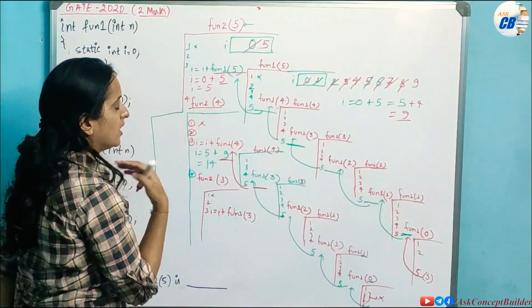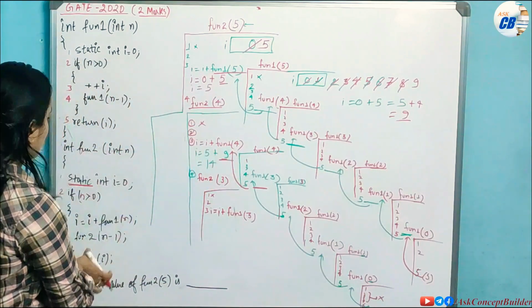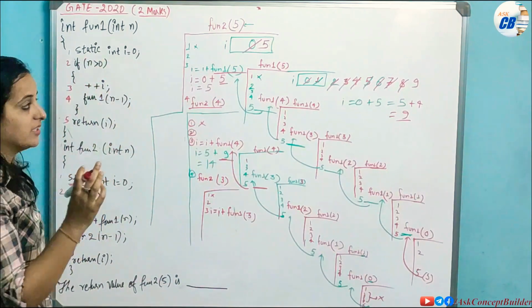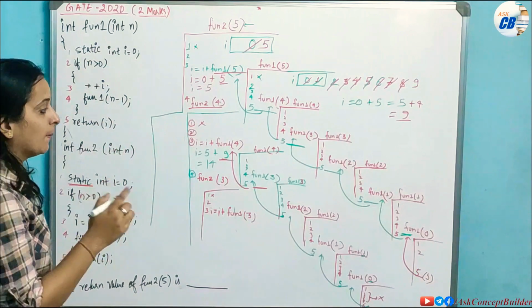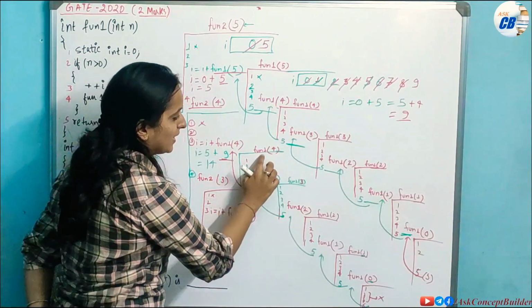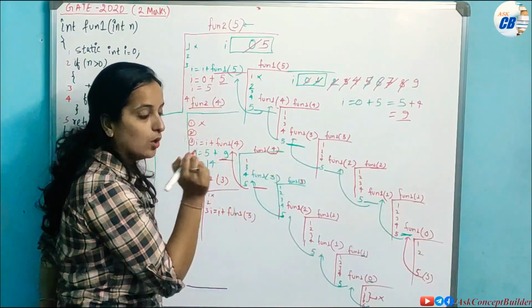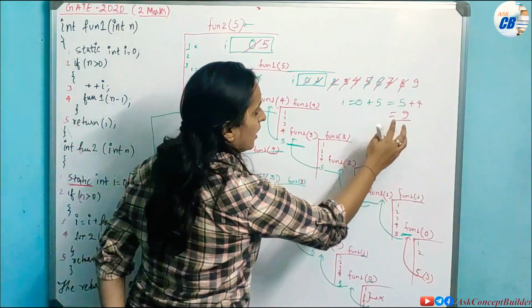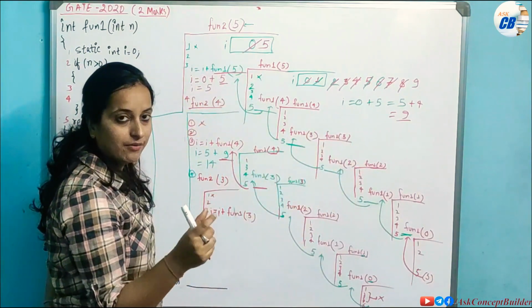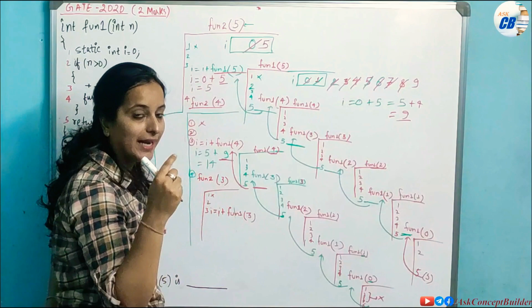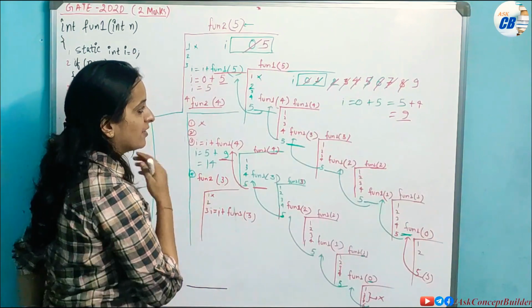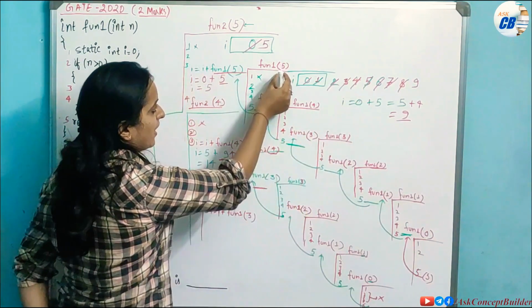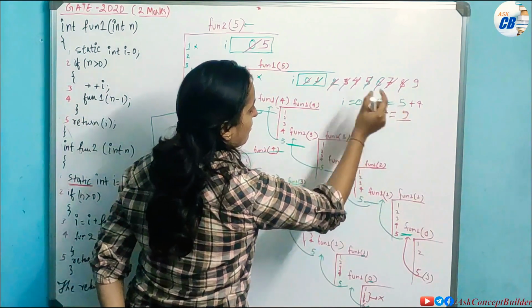So what this fun1 function is doing, we can generalize: whatever value we pass in fun1 as the n value gets added to the I value which is already there, and that is written back. First I was 0, we passed n equals 5, so it returned 5.